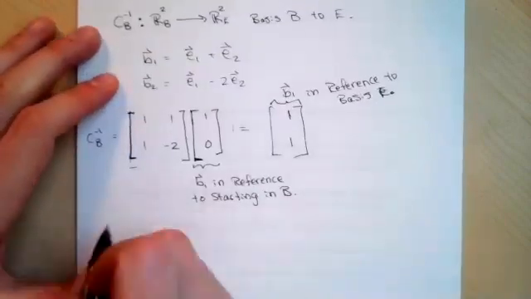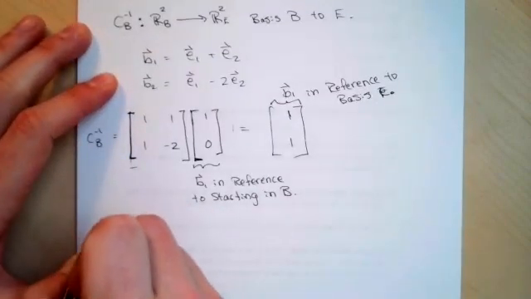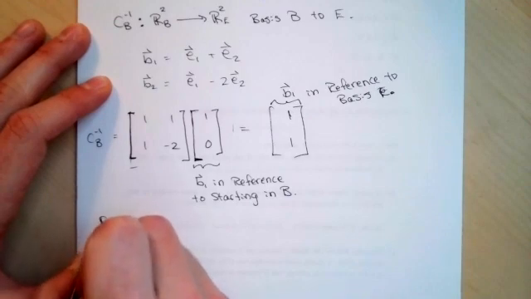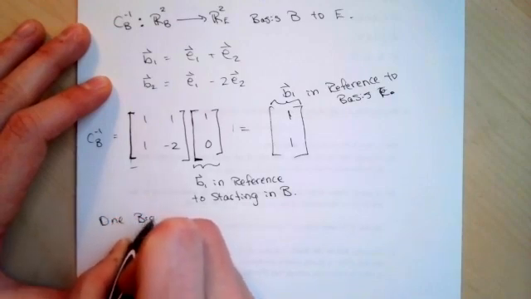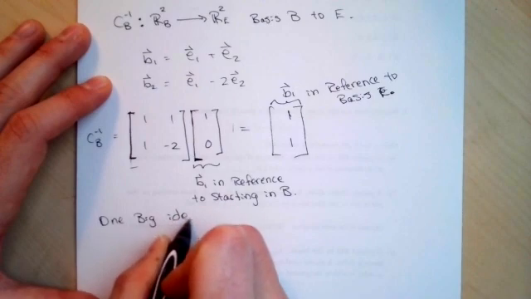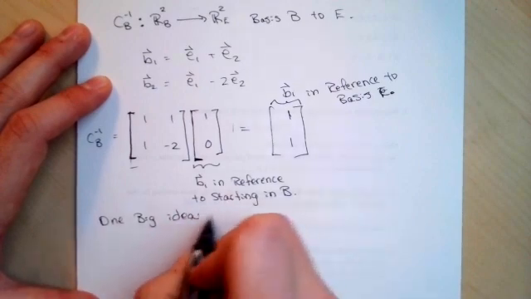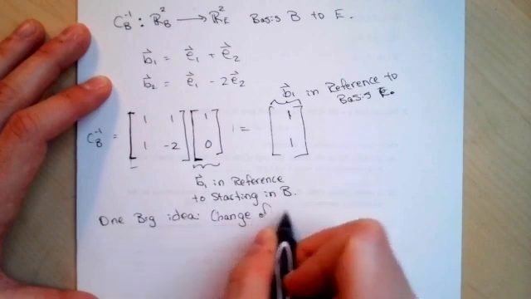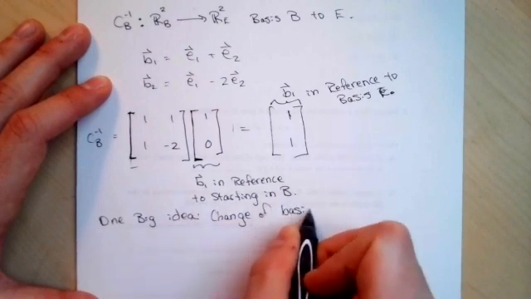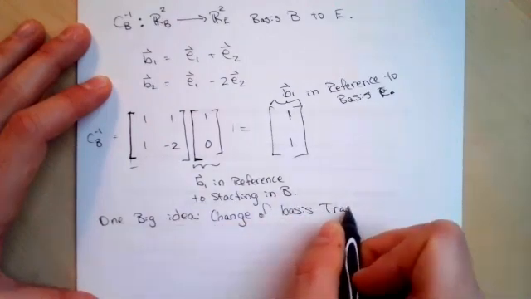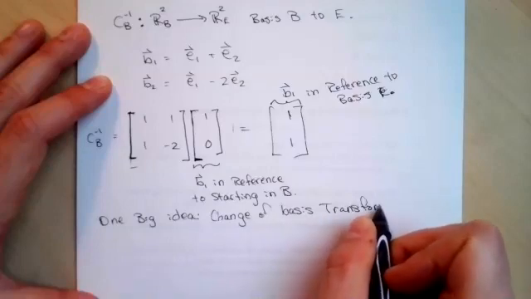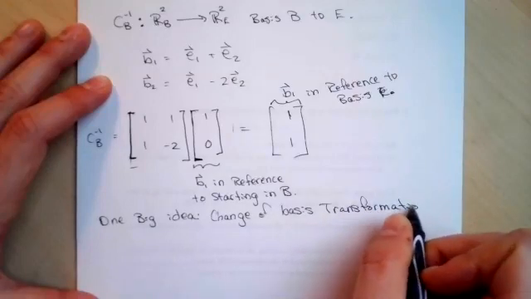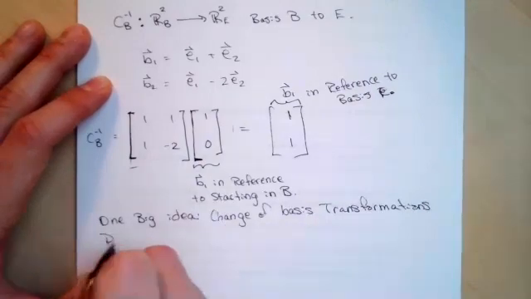The big takeaway, or at least one big idea that might help you keep this straight, is that change of basis transformations don't change the vector.